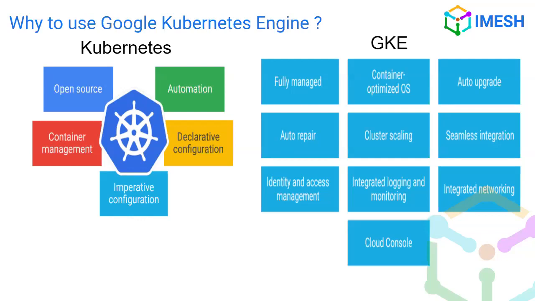GKE's auto upgrade feature. What is it? Auto upgrade can be enabled to ensure that our clusters are always automatically upgraded with the latest version of Kubernetes. And these virtual machines that host the containers in a GKE cluster, those are called what? Nodes.